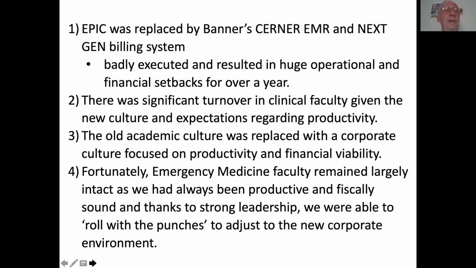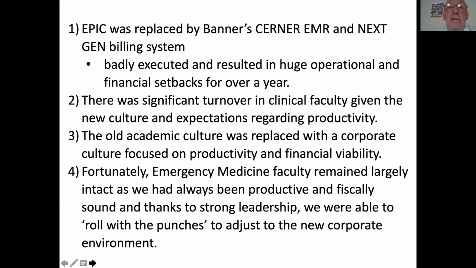So these are some of the disruptive changes. EPIC was replaced by Banner's Cerner EMR and next-gen billing system, but the conversion was badly executed and resulted in huge operational and financial setbacks for over a year. Banner really underestimated the complexity of an academic medical center.